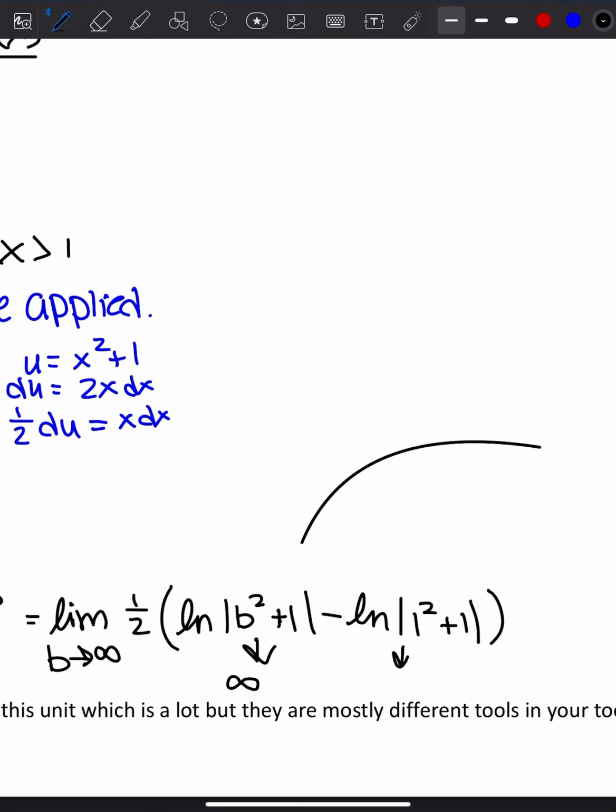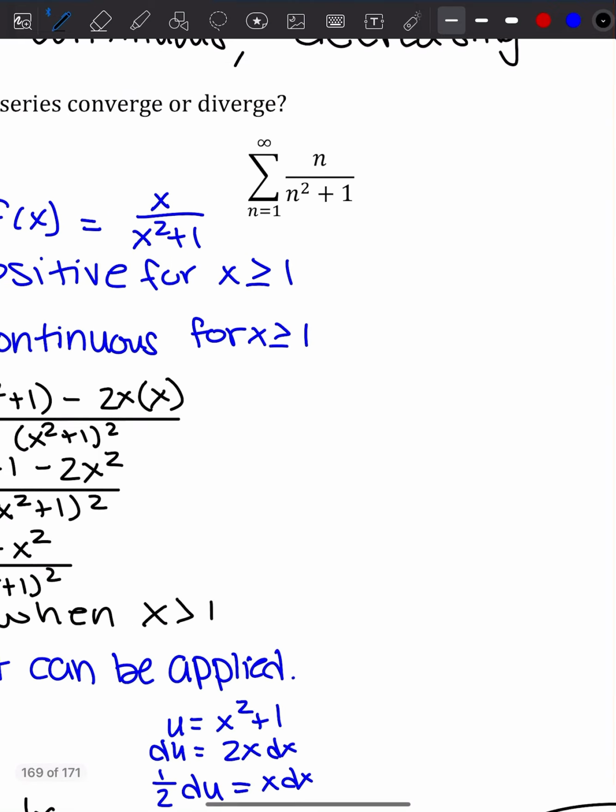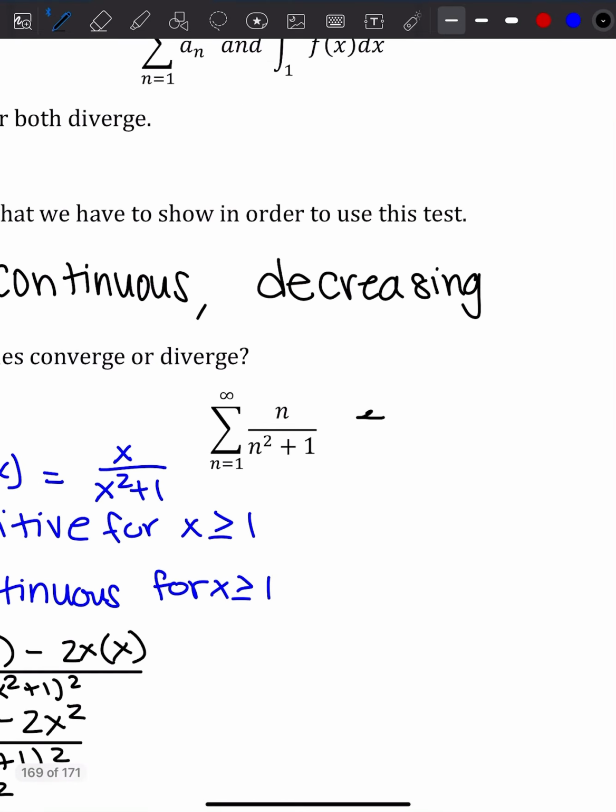This other part is going to go towards the natural log of the absolute value of 2, but the infinity really just trumps all of it, so we know that we're going to be diverging. So what this tells me is this series diverges because the improper integral diverges.